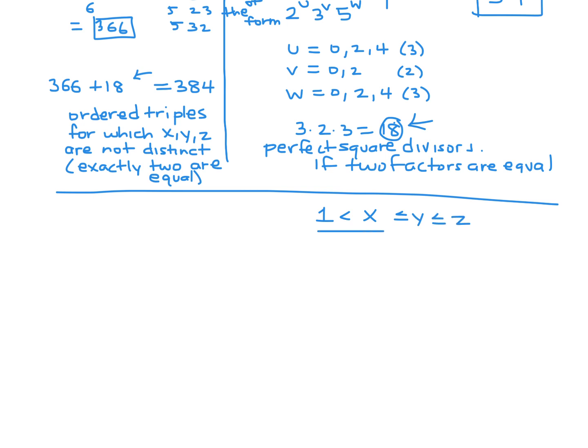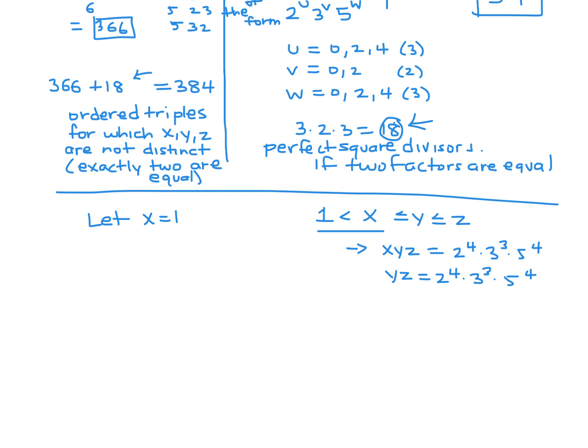So since x is greater than 1, and x, y, z was that big long thing, 2 to the power of 4, 3 to the power of 3, 5 to the power of 4, we have to eliminate all the ones where x is 1. So first let x equal to 1, and that would give me, in this equation, yz is equal to 2 to the power of 4, 3 to the power of 3, 5 to the power of 4.